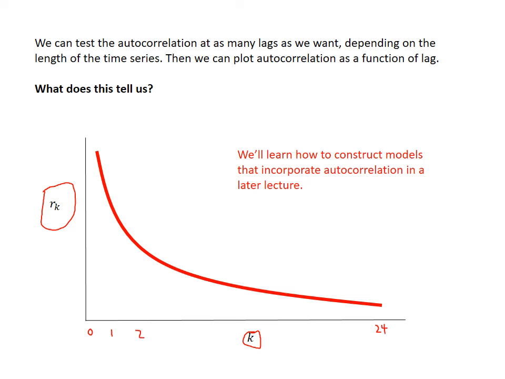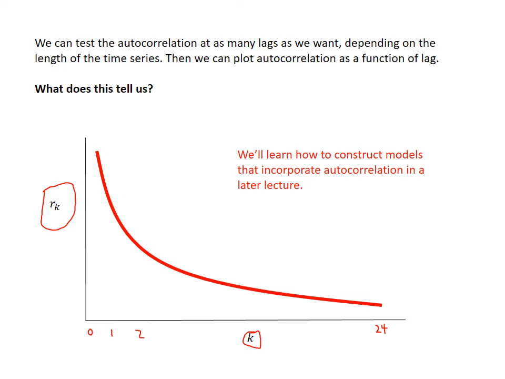So what this tells us is that for any given process, or the process that we're modeling, this tells us the degree to which the correlation between two different points changes as a function of how far apart in time they are, right?